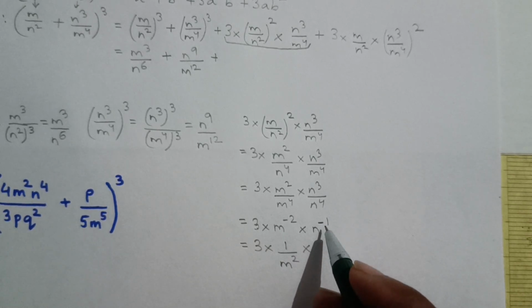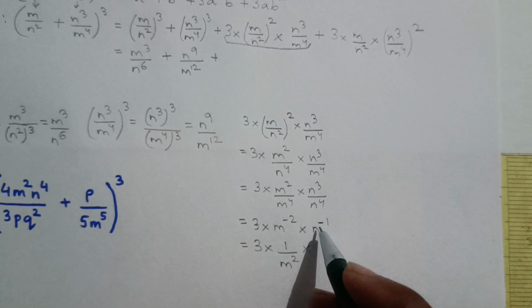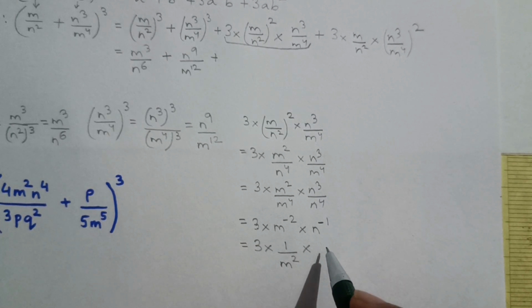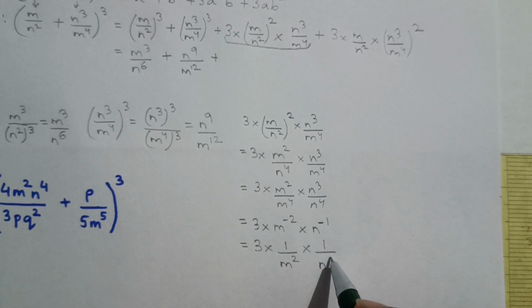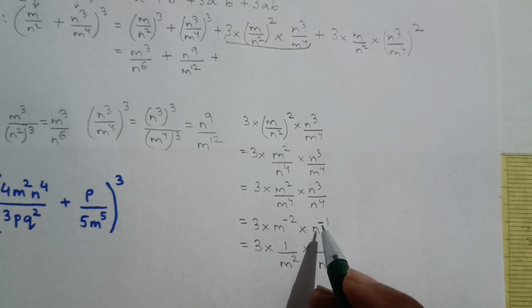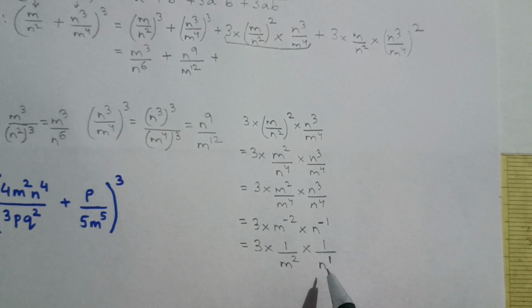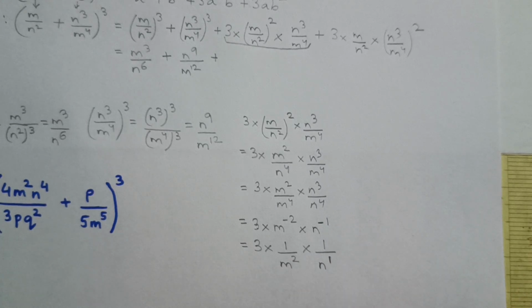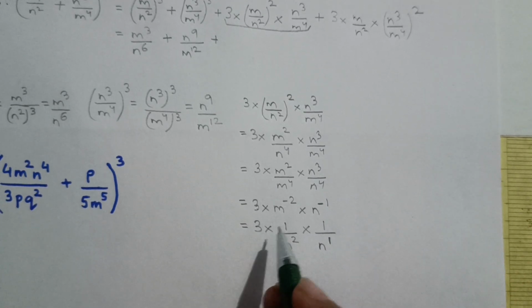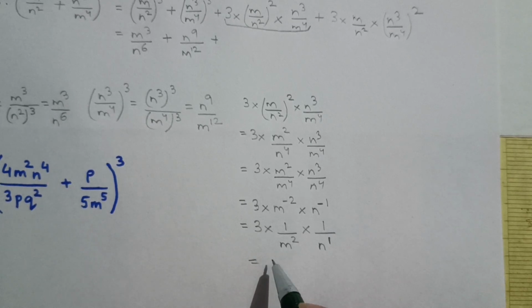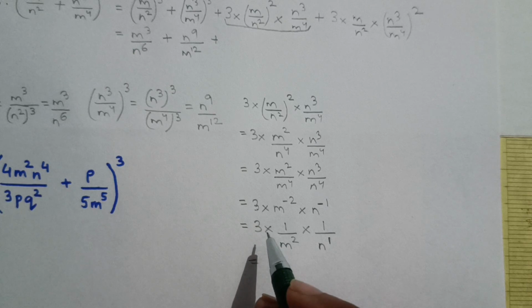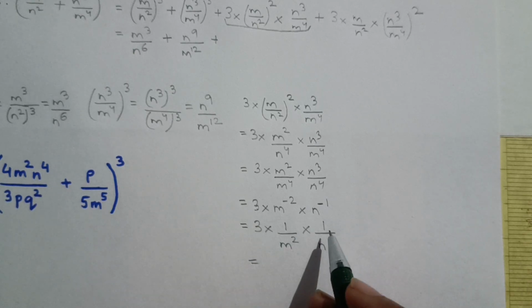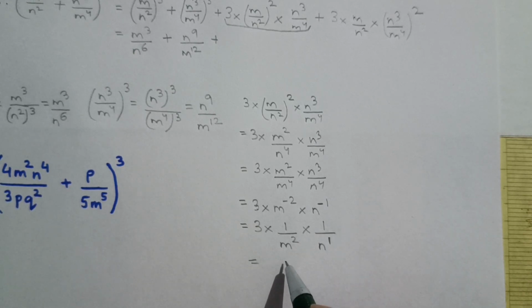Into n to the power minus 1. Here the power is negative. So if we want to convert to positive power, we will write it as 1 upon n to the power 1. So n to the power minus 1 becomes 1 upon n to the power 1. The negative power has become positive power. And now it's just multiplication of fractions. So the numerator will be 3 into 1 into 1 is 3.